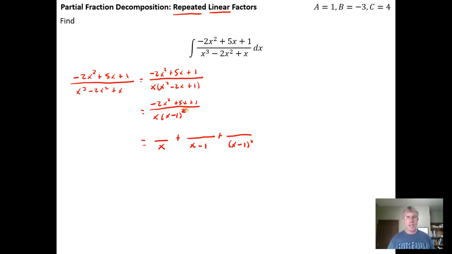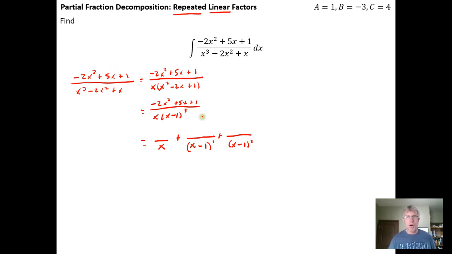And the idea is, if you've got a linear factor in here or a quadratic factor and it's being raised to a power, you need to have each possible power of that linear factor. So I need an x minus 1 to the first and an x minus 1 squared. If this were a fifth here, I would need plus something over x minus 1 to the third, plus something over x minus 1 to the fourth, plus something over x minus 1 to the fifth.